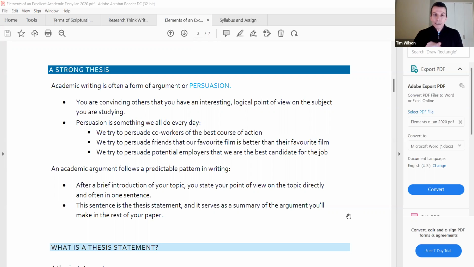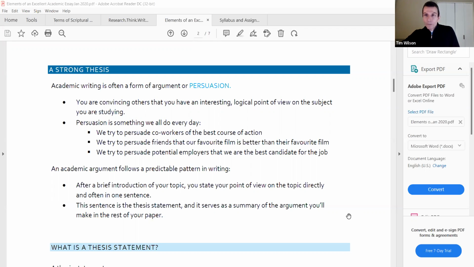So we said that you need to have a clear thesis, a point you're trying to make, and arguments with evidence. Your construction of those arguments and how you're telling that story has to be logical and has to have a logical organization. It has to be written in a style that is readable.